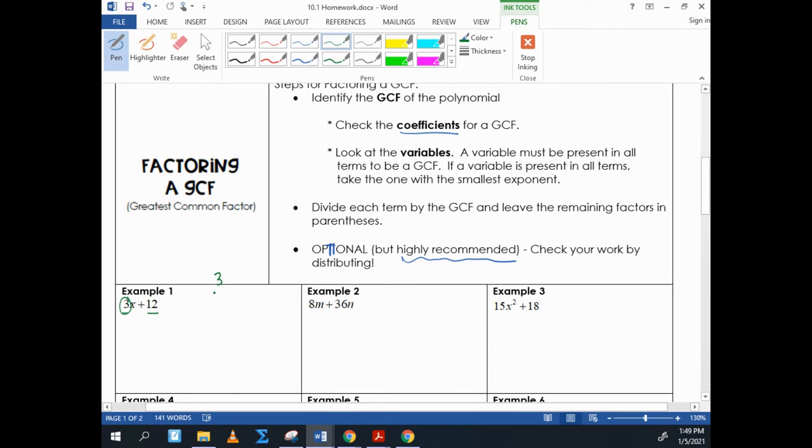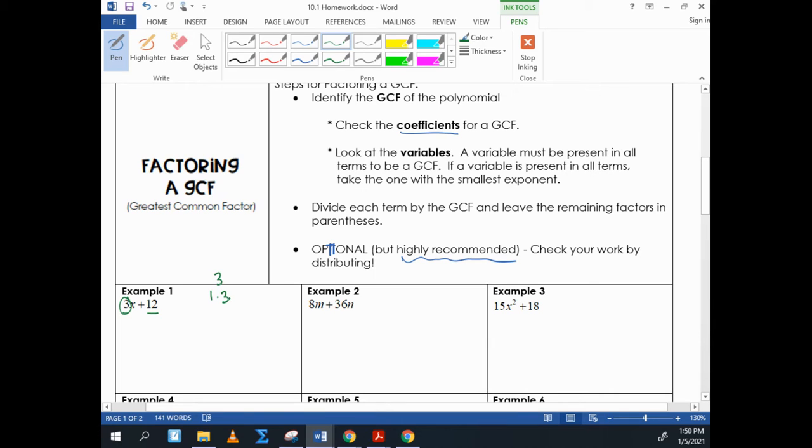Basically, I always start with 1 times 3. I know 1 times whatever that number is always going to be a factor. And then you try to divide this 3 by other numbers. You're going to try and divide it by 2. Well, 3 divided by 2 gives you a decimal. It gives you 1.5. So that one doesn't work.